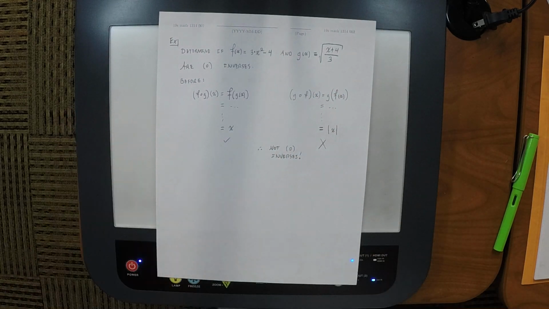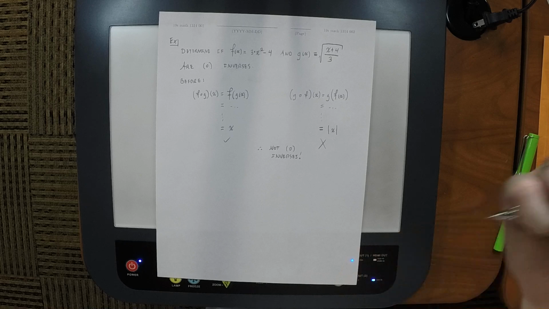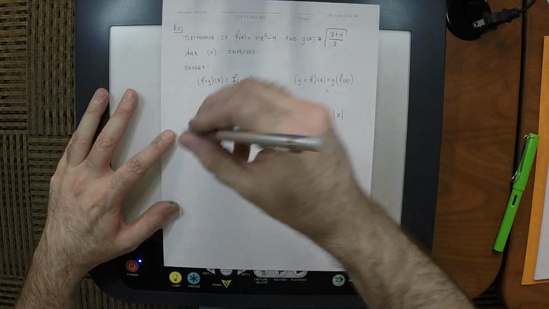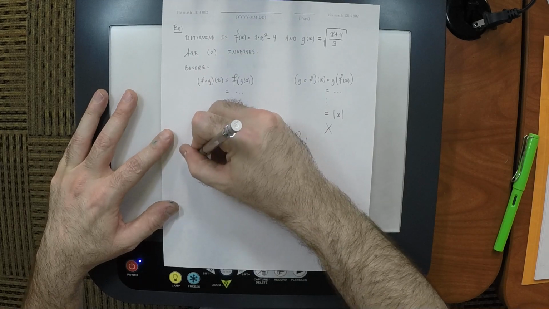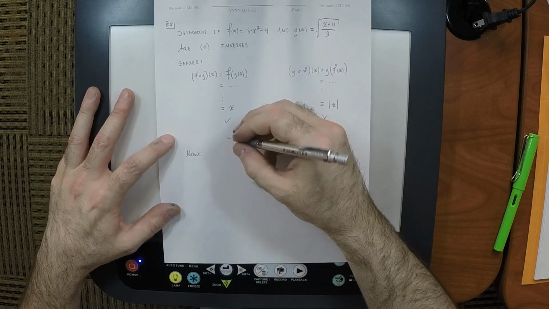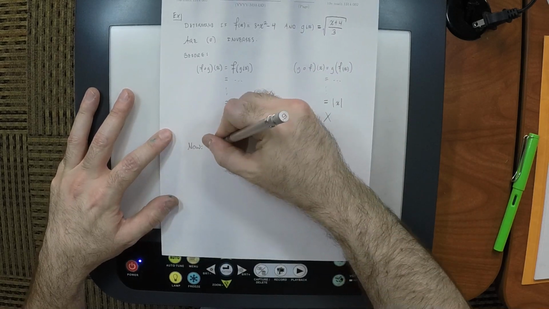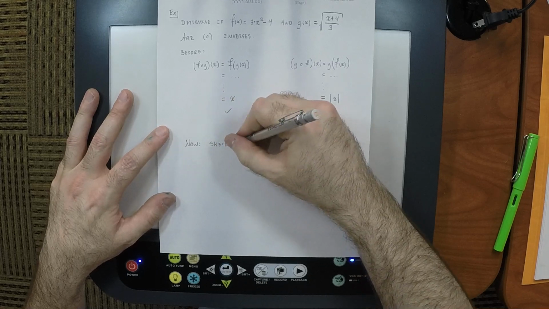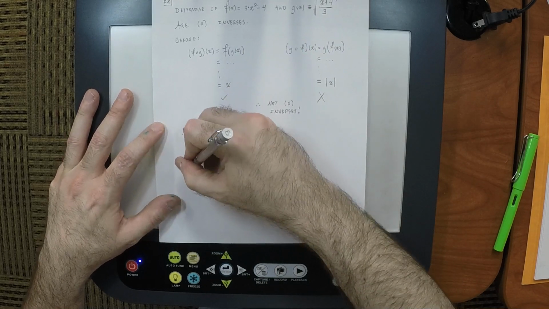Now I claim to you that you have another way to see that these couldn't possibly be composition inverses, and this way is, for my money, even better and even faster. So now let's consider if you were to do a sketch, some sketches of these functions.